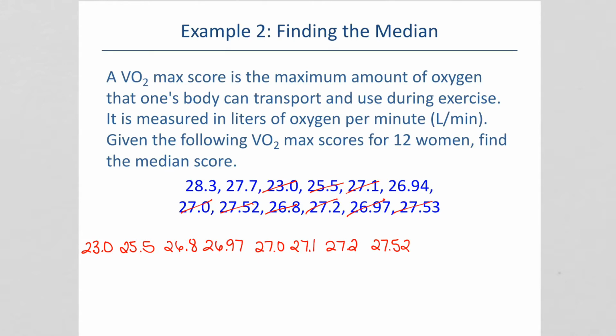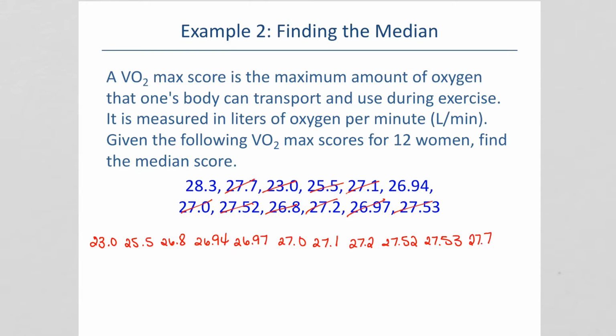Then there's 27.53, we said, 27.7, oh, I missed one, missed 26.94, so, okay, got it. And then the last one is 28.3.